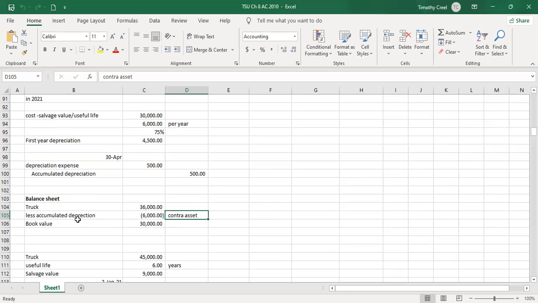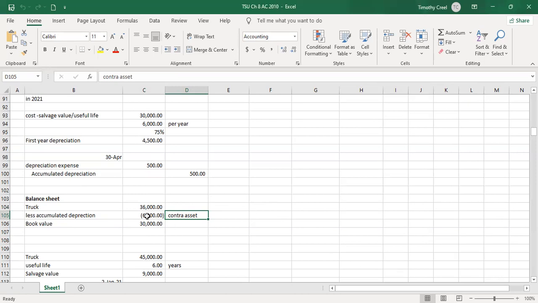Now, accumulated depreciation is a contra asset. We looked at this one early on in the course. A contra asset is an asset that's related to another account. In this case, it'd be related to an asset, and it has a balance just the opposite of the account that it's related to.